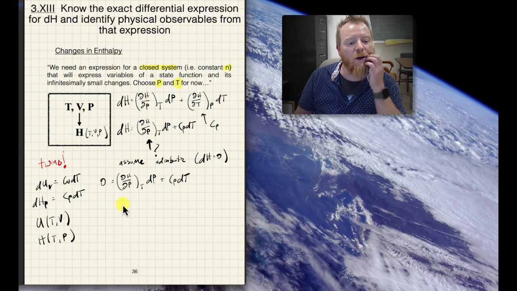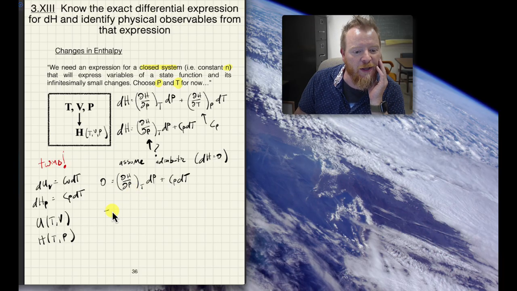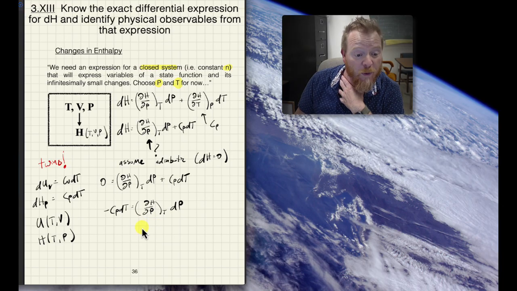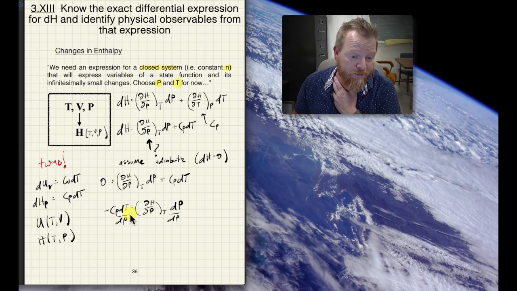And now if we work through this, we can write the following. Negative Cp dT equals the partial of H with respect to P at constant T dP. So that we can home in on this derivative, I'm going to divide both sides by dP.